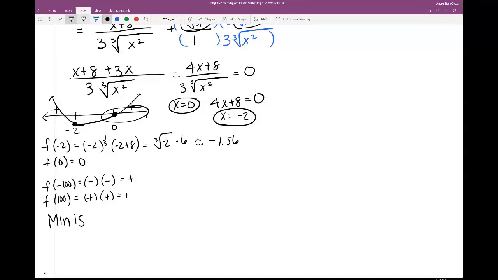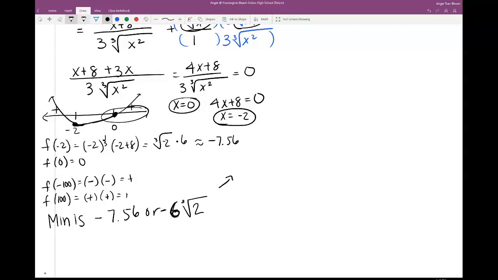So it looks like my minimum is negative 7.56, or I can keep it in the exact form, negative 6 third root of 2, because I can pull out the negative from under the third root.